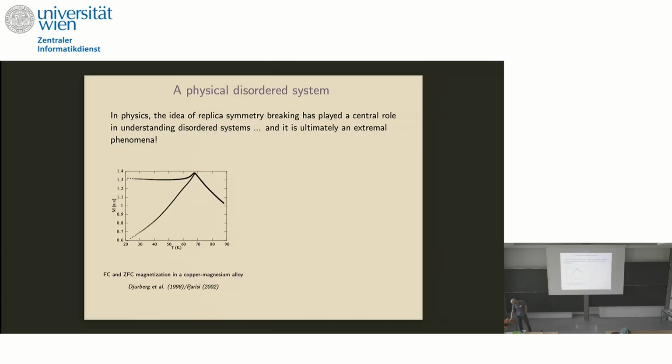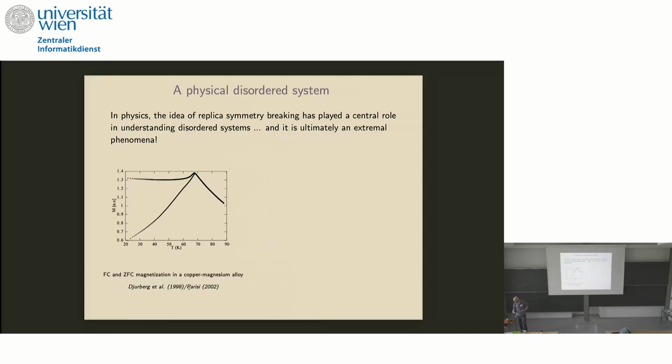So this is a little bit of a detour into physics, but here I'm showing the magnetic susceptibility of a copper alloy. It's copper with some magnesium in it, which at low temperatures is randomly distributed throughout the alloy.